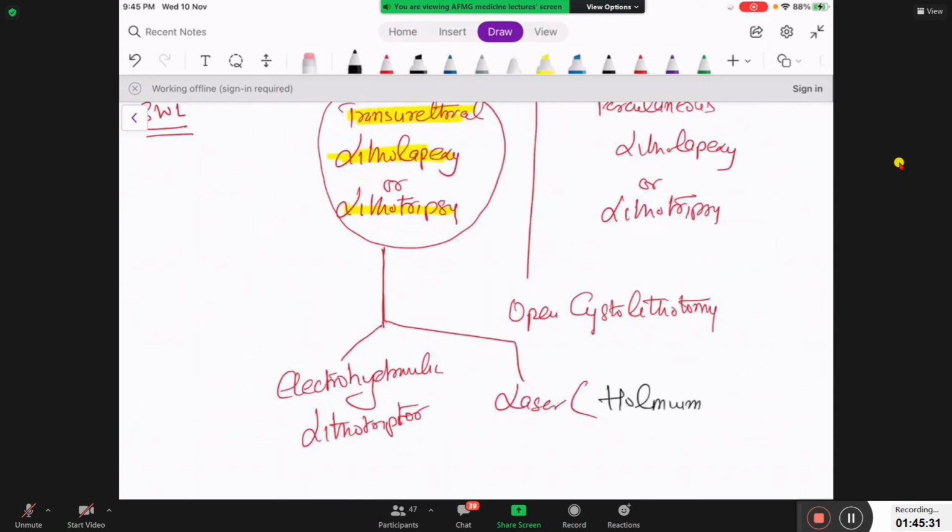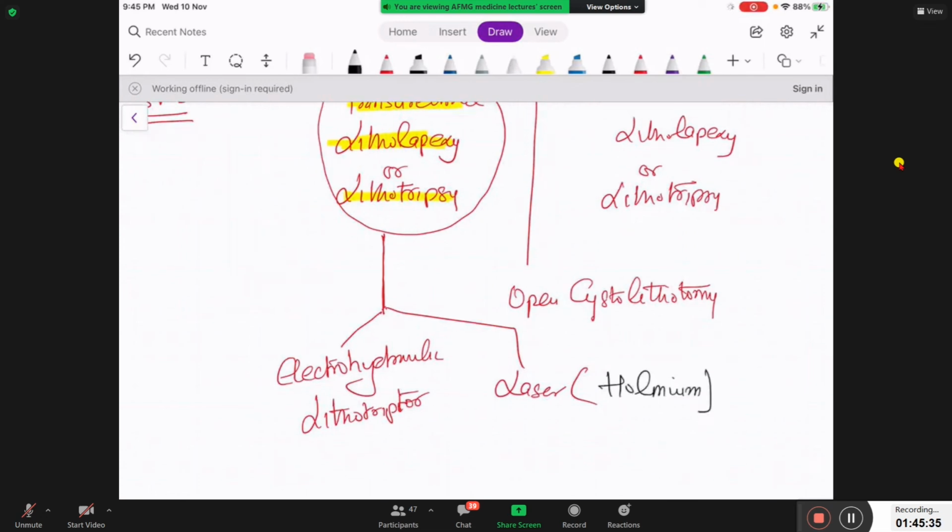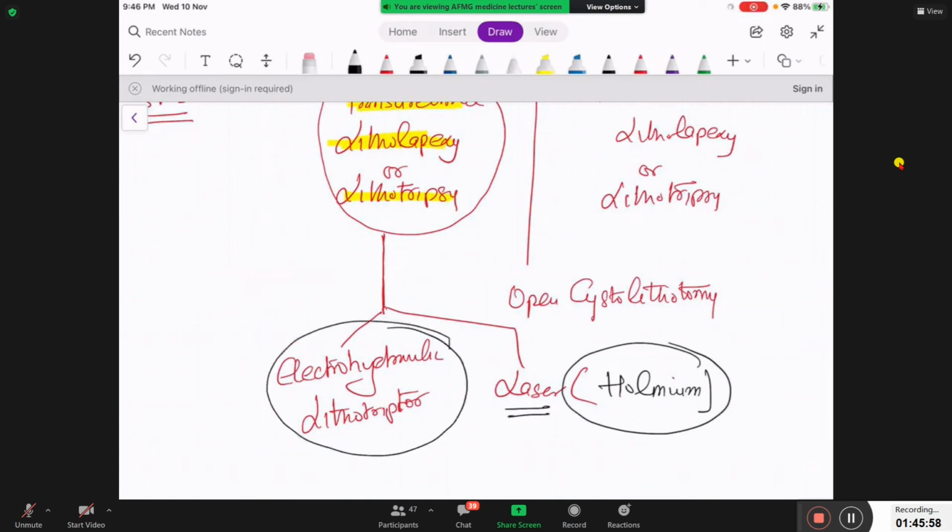This is important. The commonly used one out of the two is the electrohydraulic lithotripter.